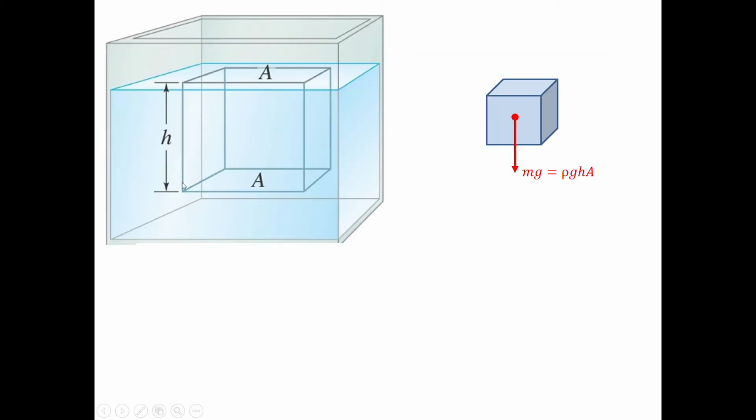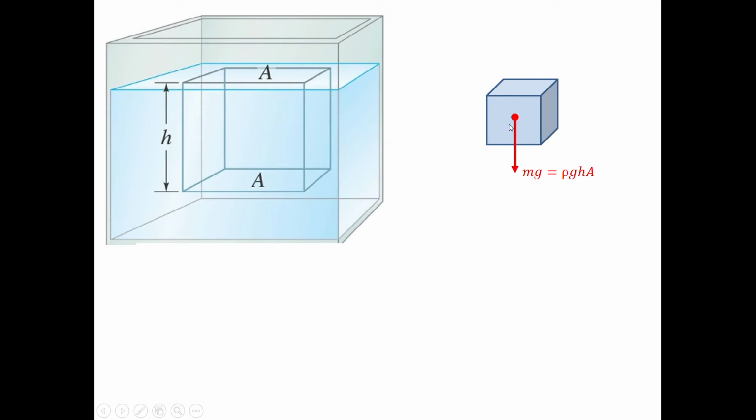In this diagram, imagining an aquarium or something like that, if we take this rectangular cube of water, which has area A, top and bottom, and a height h, I'm just going to draw that as a cube over here for a free body diagram. It's got several forces on it.